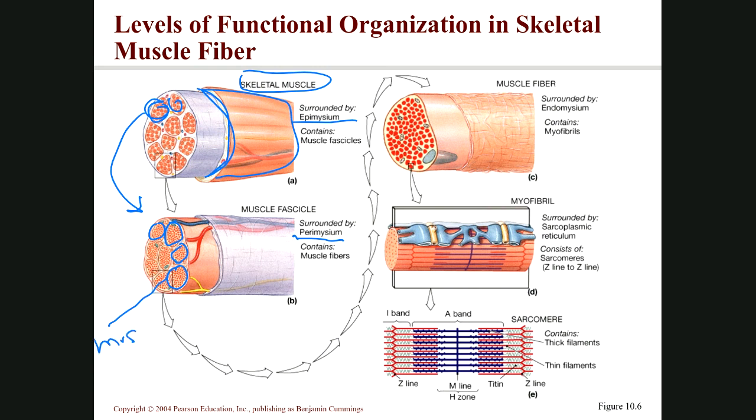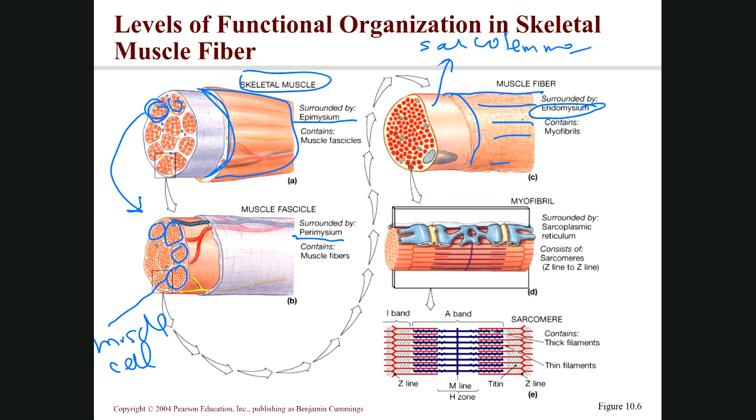Then we take a look at one individual muscle cell within a fascicle right here. And notice that we have a connective tissue membrane covering the muscle cell called the endomysium. And it is a sleeve that goes over the sarcolemma. Remember, the muscle fiber or myocyte is a rod-shaped cell, and inside, those are the red dots you see here, it is filled with a contractile protein called myofibril.